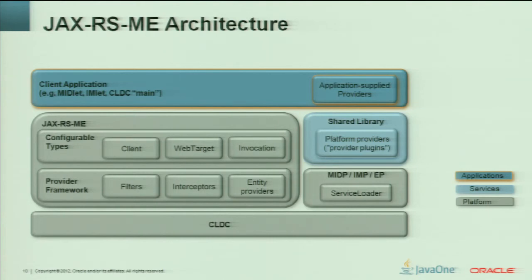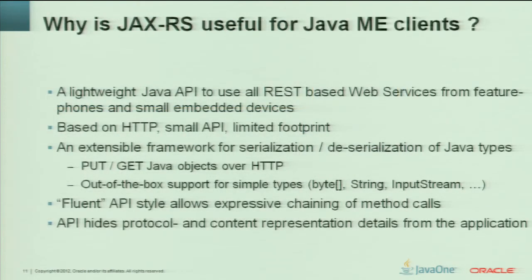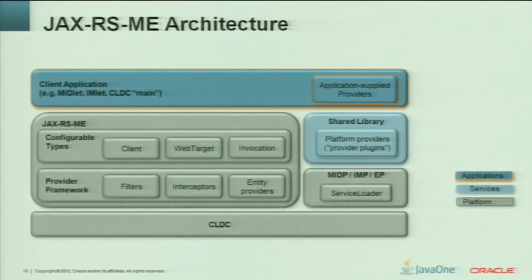API. And if you look at the picture again, we have the providers. Providers is a very generic concept here. A provider is basically the mapping of a protocol into the framework. As we see in the lower layer, we have the provider framework, which has filters, interceptors or entity providers.